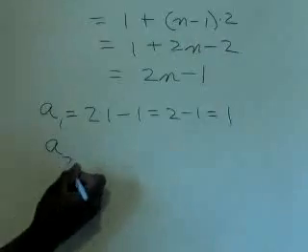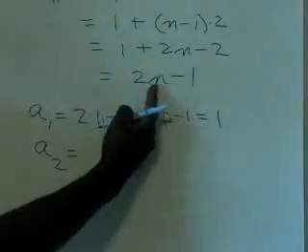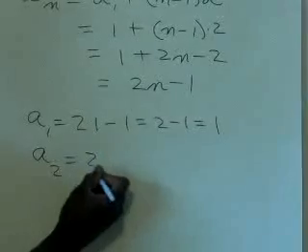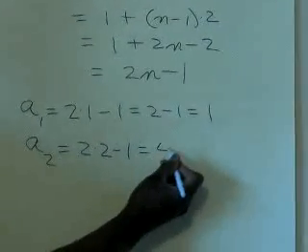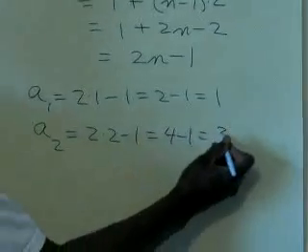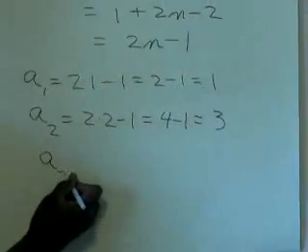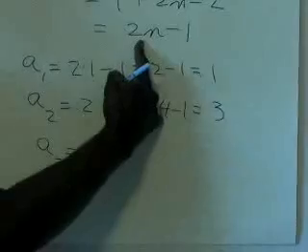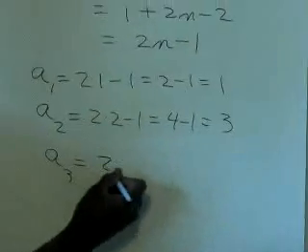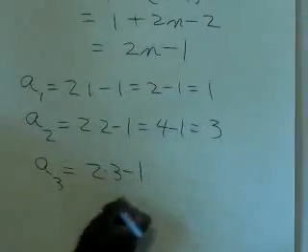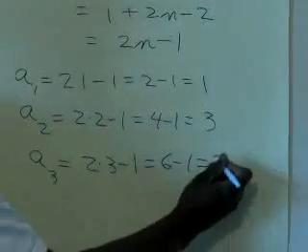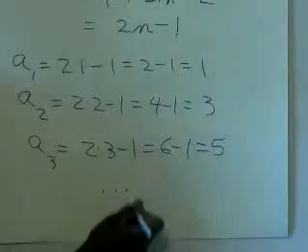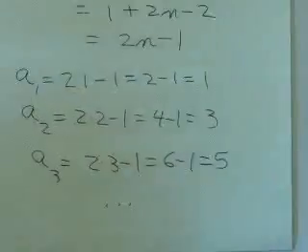The second odd number should be 2 times 2 minus 1, and that's 4 minus 1, which is 3. The third odd number would be 2 times 3 minus 1. That's 6 minus 1, or 5, and so on. So this formula does indeed fit.